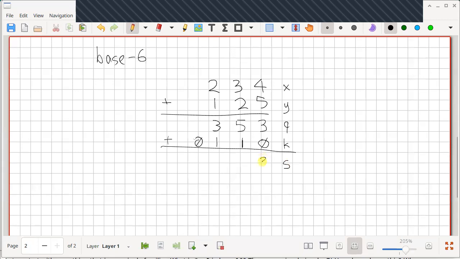So 3 it is. And then we try to compute this one. 5 plus 1 is 6. 6 mod 6 is a 0. So we put a 0 here. Then we try to compute this one. 3 plus 1 is 4. 4 mod 6 is 4. So we put a 4 here, and we're done.